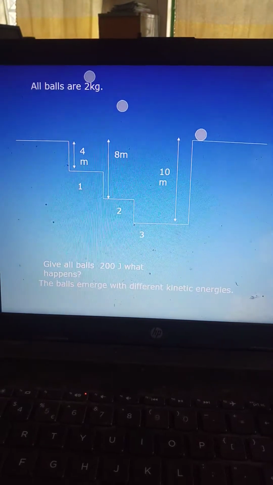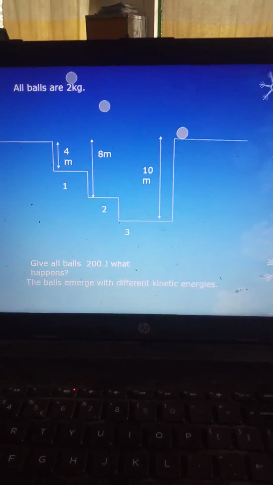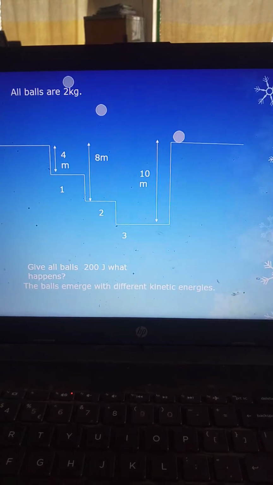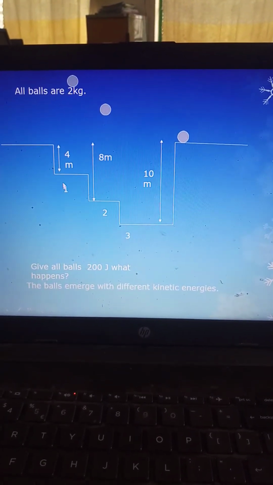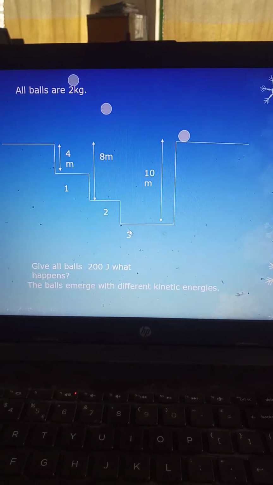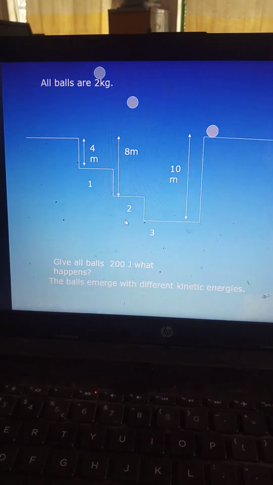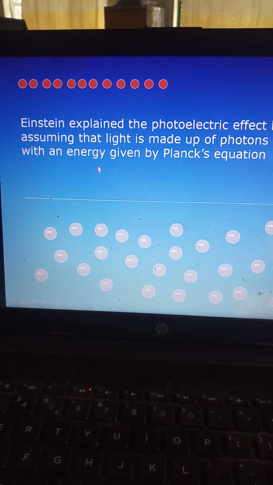So what is it? The balls emerge with different kinetic energy depending on the position they are in. This one will go far because it's just above here. This one will move this way because it was very deep. And we want to explain that.